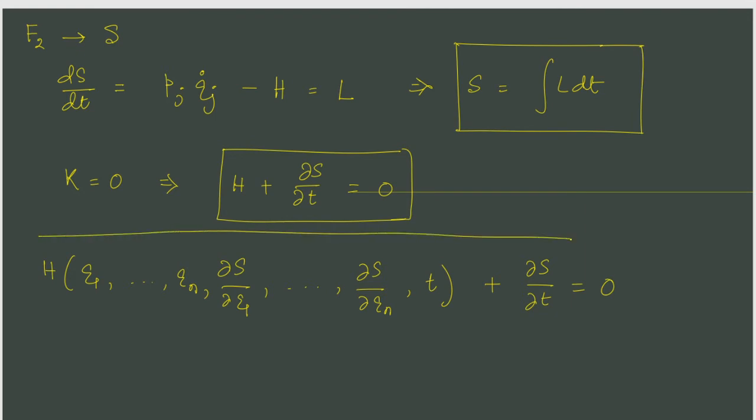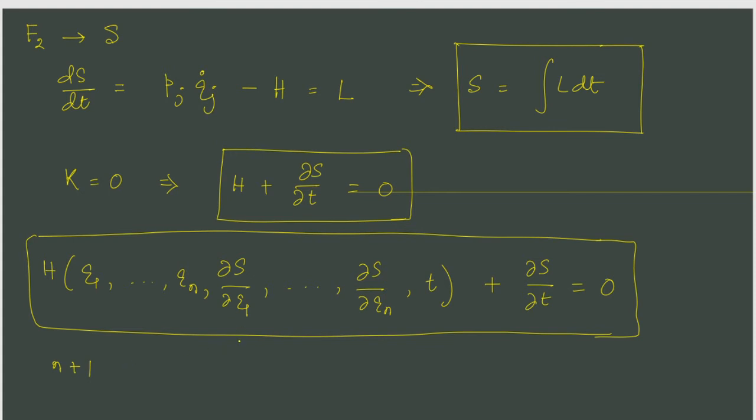Now this equation, as you can see, has n plus 1 partial derivatives, n of them with respect to the q's and 1 with respect to time. So if we can solve this equation, then we will get n plus 1 constants from the integral.